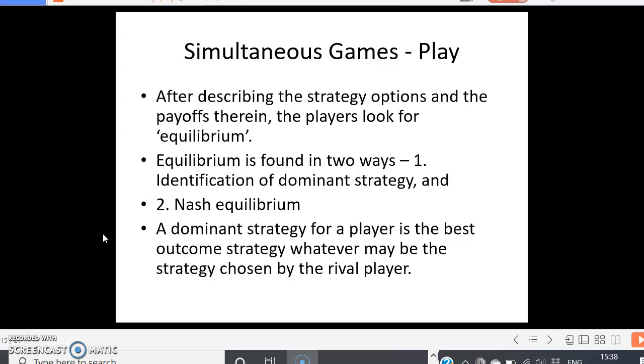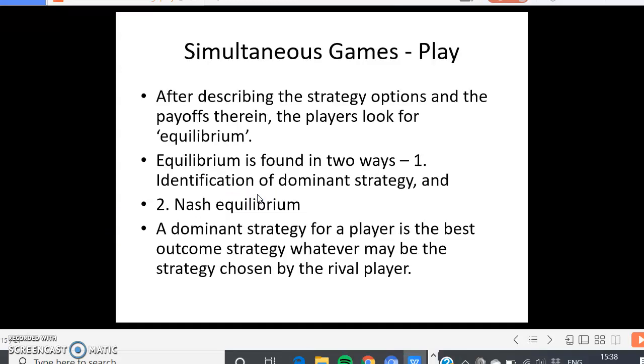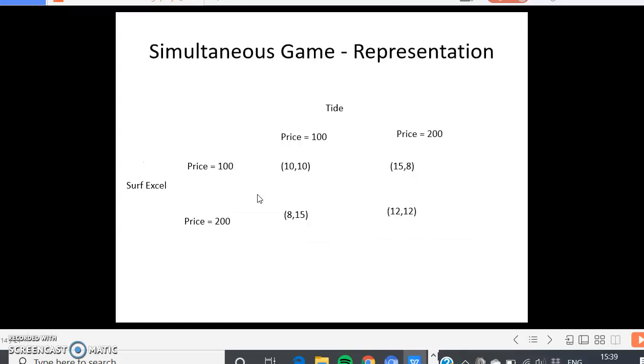As we have written here, a dominant strategy for a player is the best outcome strategy, whatever may be the strategy chosen by the rival player. So, irrespective of what the rival player is choosing, what is the best strategy for you? Let us go back to the earlier game.